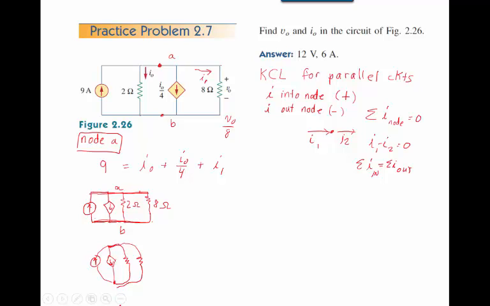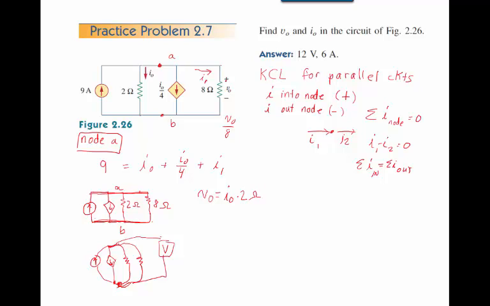Are you convinced now? So if I measure the voltage between here and here with a voltmeter, the voltage is the same, right? So, okay, if that is true, then we know that V out also equals, by Ohm's law, I out times 2 ohms.